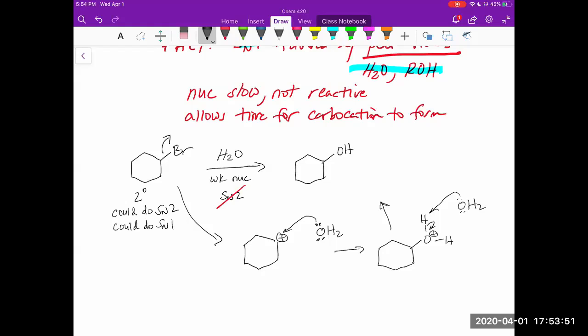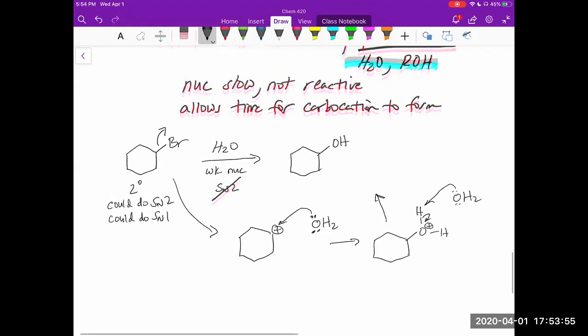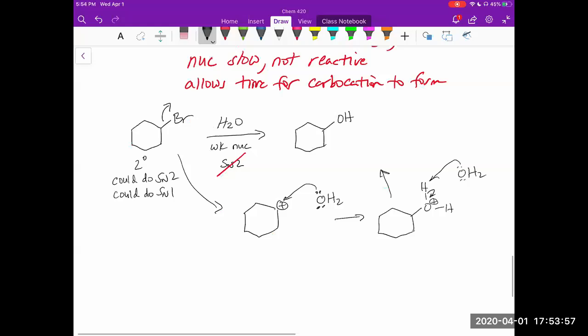Okay. This kind of reaction's a little bit weird in that I have my nucleophile as water, and my solvent is water as well. So water had sort of a dual purpose. It was the only thing there, so it was the nucleophile, and it was the liquid that the reaction ran in, so it was the solvent.